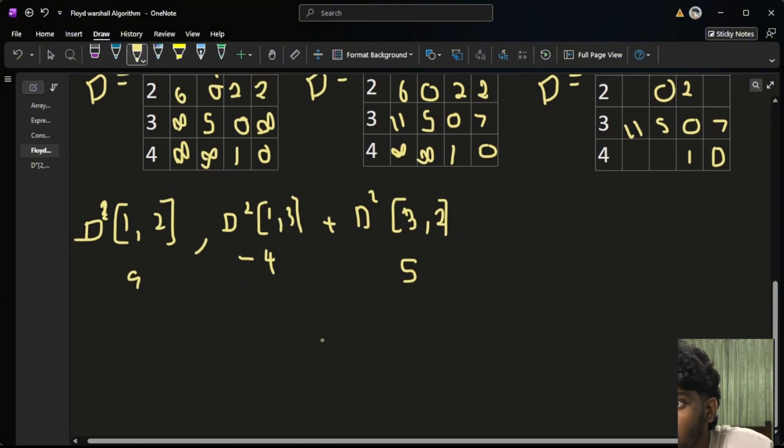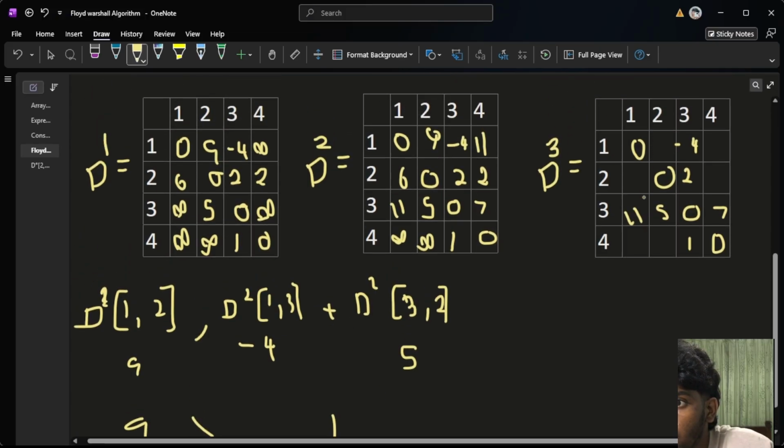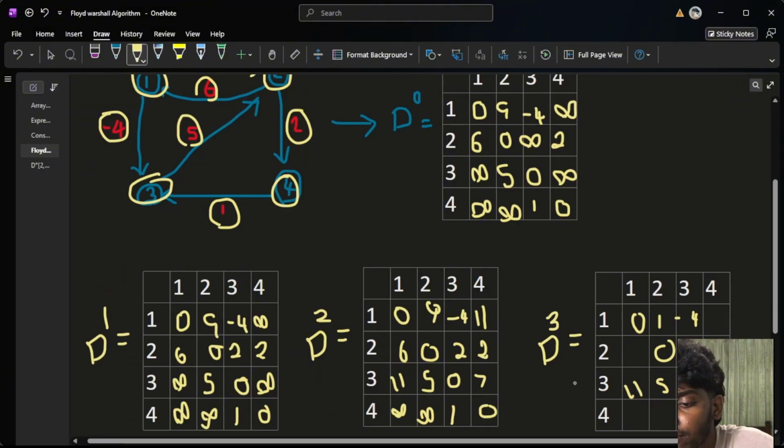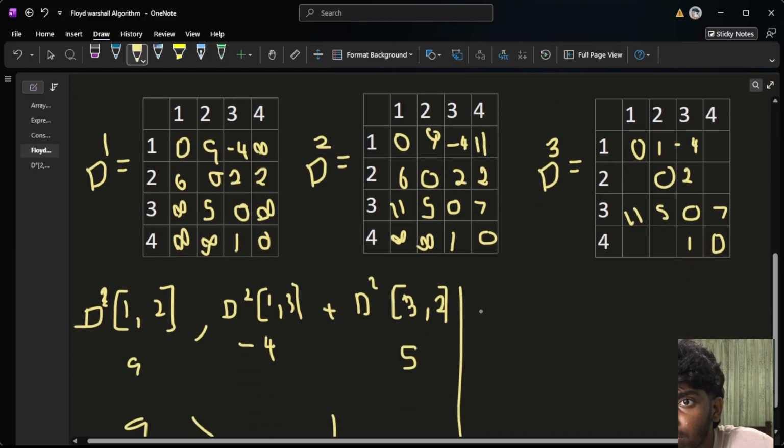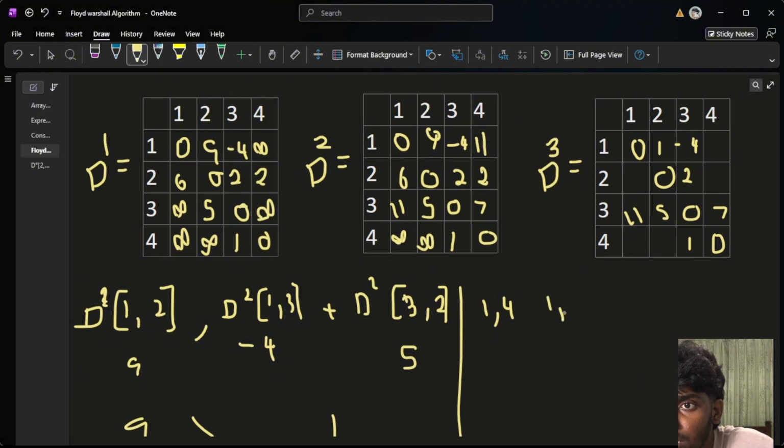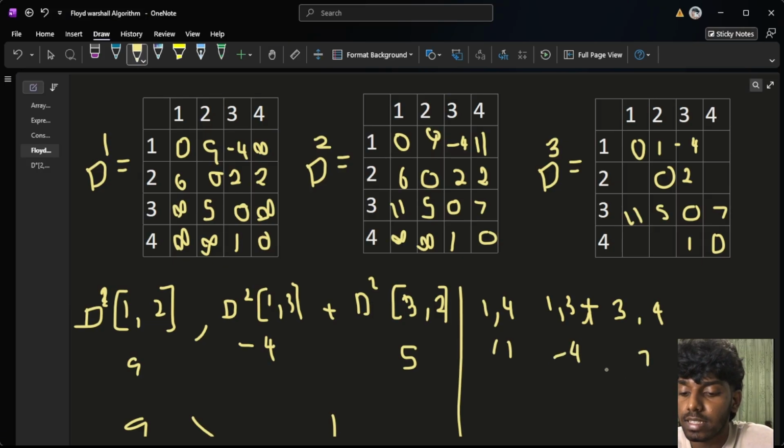So this is going to be 1 and 9. Then 1 is the shortest, so the 1 goes right here. And 1 to 4: 1 to 4 is 11, 1 to 3 is -4, and 3 to 4 is 7.